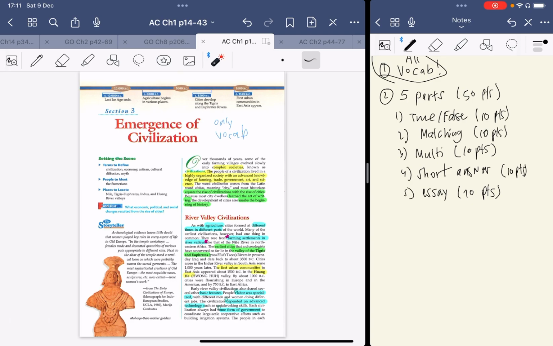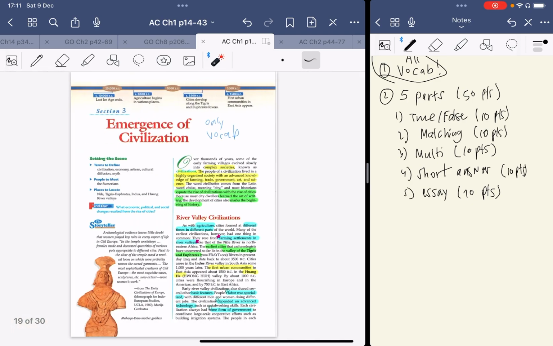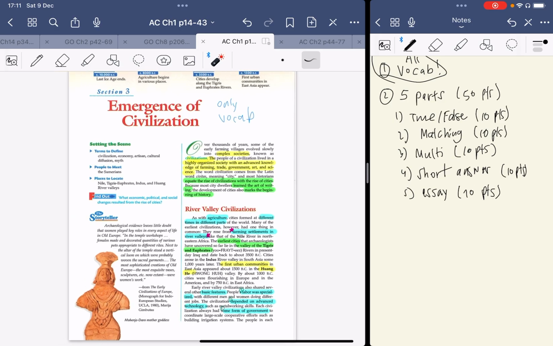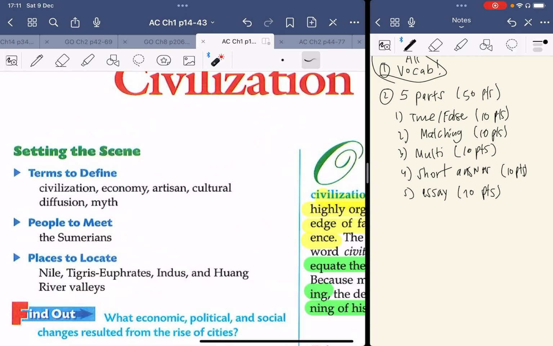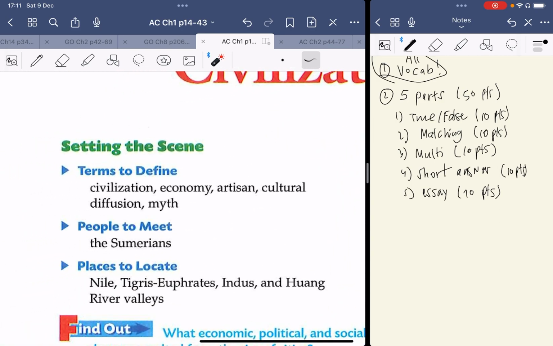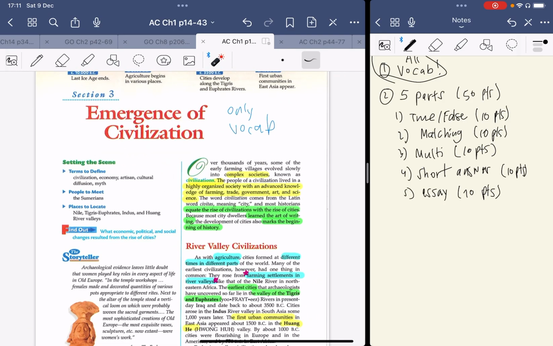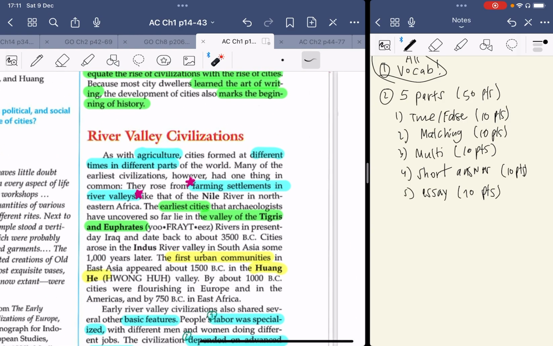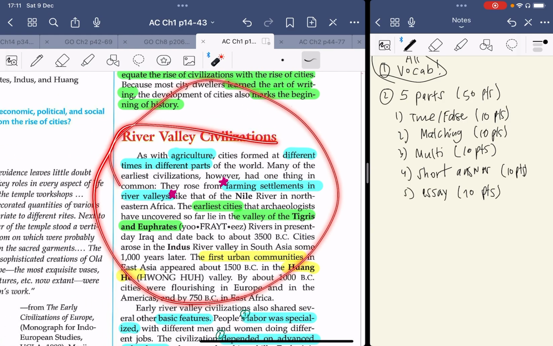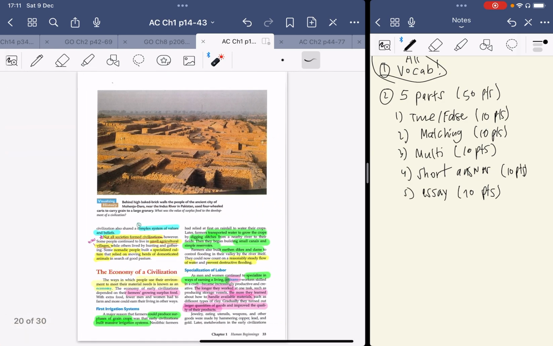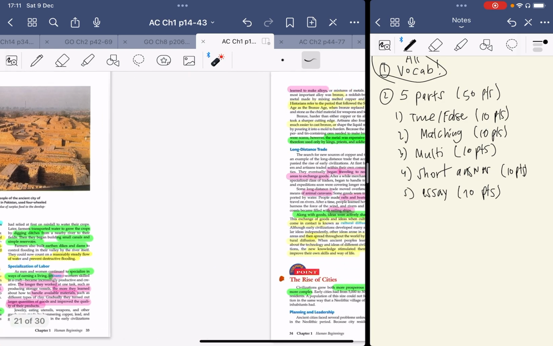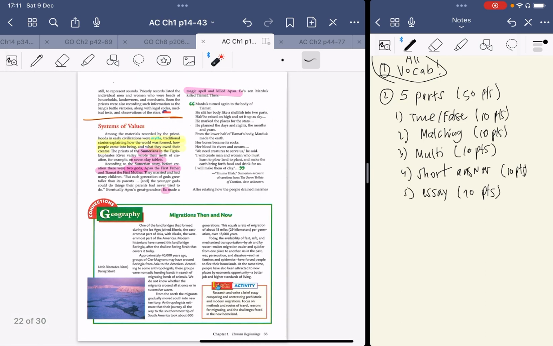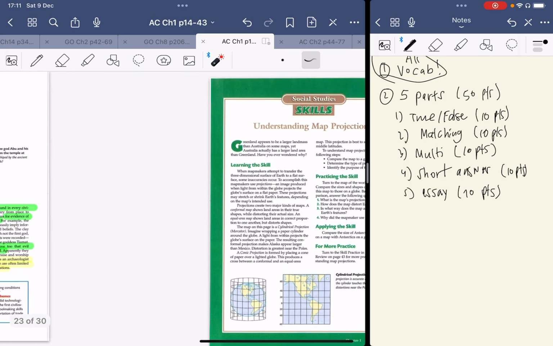So now let's go on to part 3, section 3, sorry. For section 3, you only need to study the vocab. So, well, how many words are there? 1, 2, 3, 4, 5. Only 5 terms for section 3. Okay? These ones are basic information anyway. No details will come out. So just read through it and focus on the vocab.